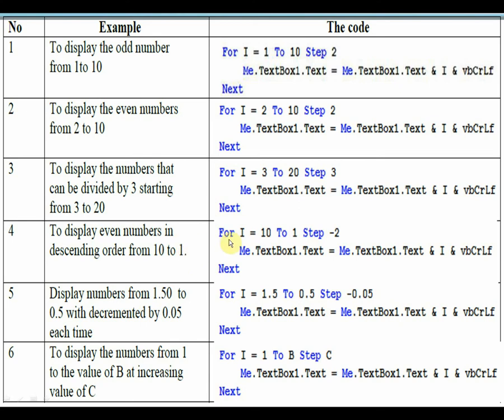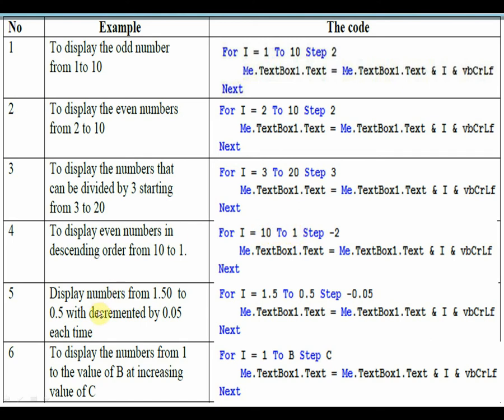Okay, we put for counter I equals start value, here from 10 to 1. Step this time is not positive, but negative 2, because I want to go from 10 to 1.